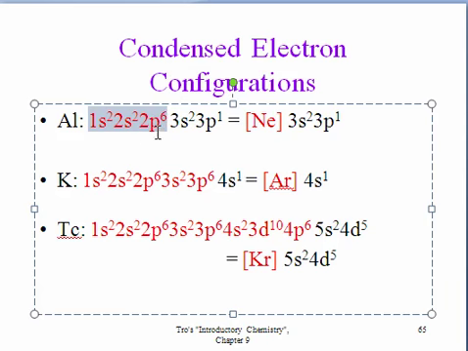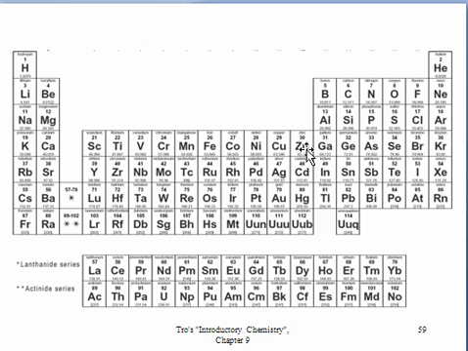So what we do is we simplify this by putting neon in brackets and then writing the rest of the electron configuration. So how do we know what comes after? Well, we use our periodic table to help us. So here's aluminum. Our previous noble gas is neon. That's going to take up our first 10 electrons.